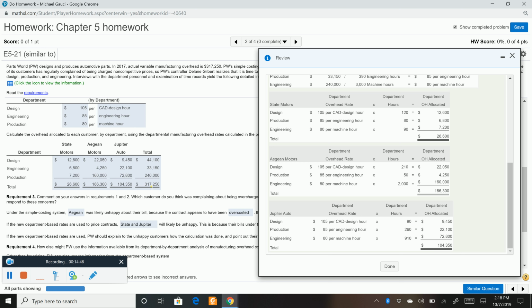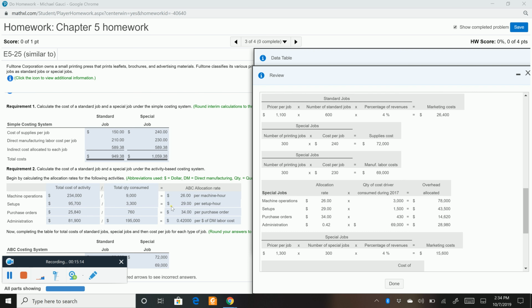In any event, it's the same $317,250. We just need to allocate a little differently by drilling down and coming up with better ways to allocate based on where the costs are coming from. Once again, and I keep sounding like a broken record, but it's a good way to learn, this is called activity-based costing.